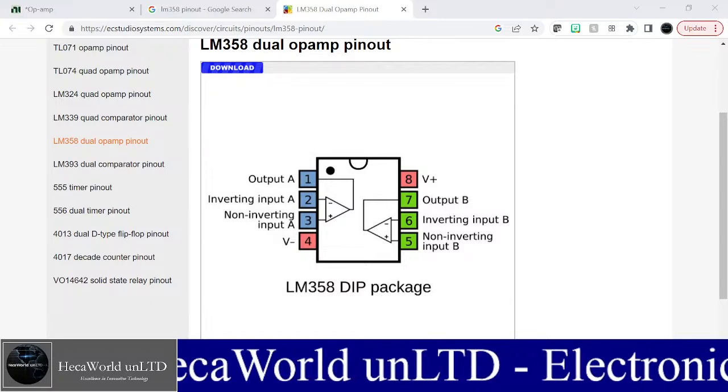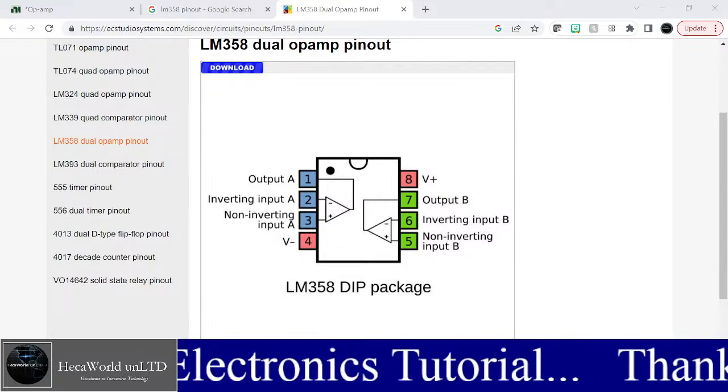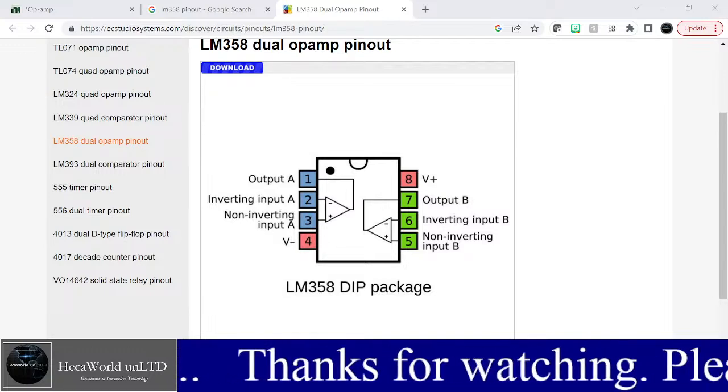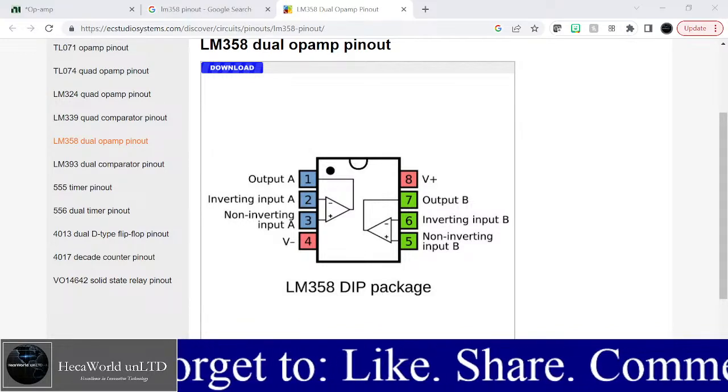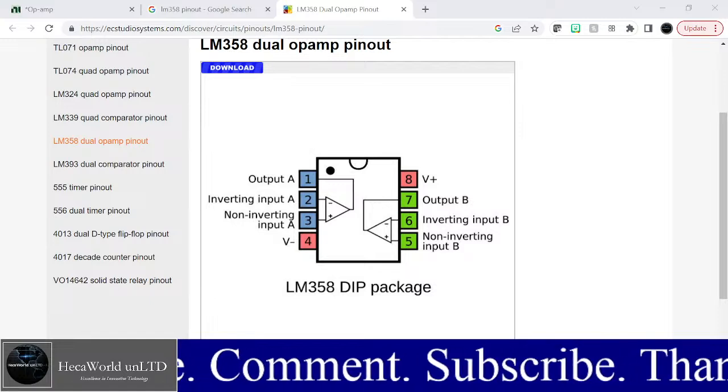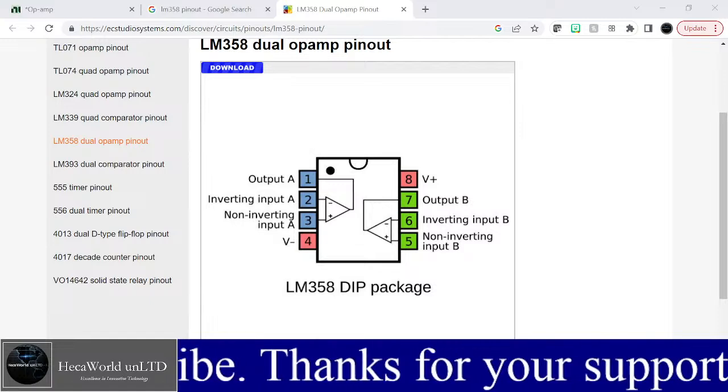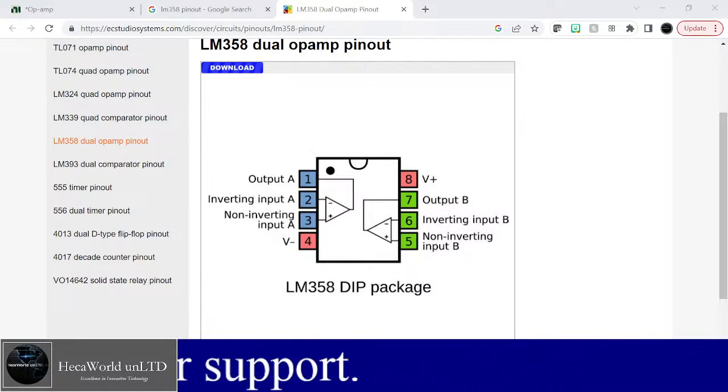Sorry, when the non-inverting signal is equal to or greater than inverting, the output is high. When the inverting is higher, then the output is low.